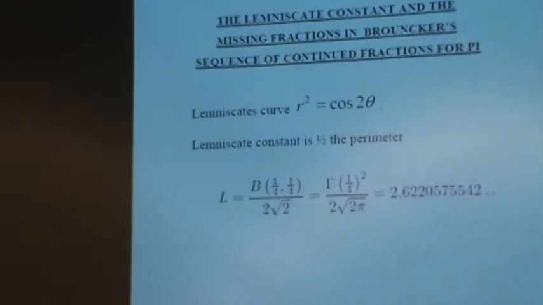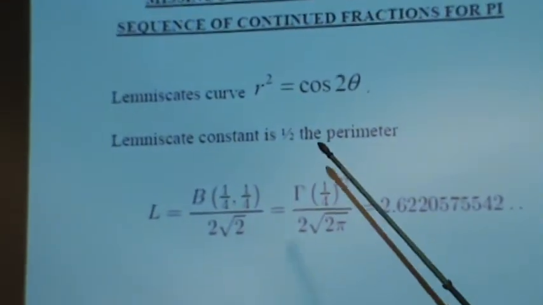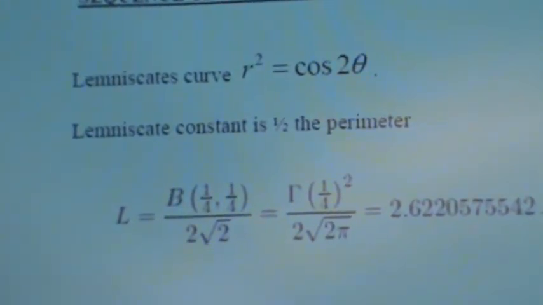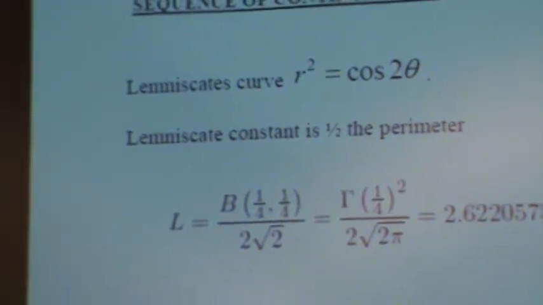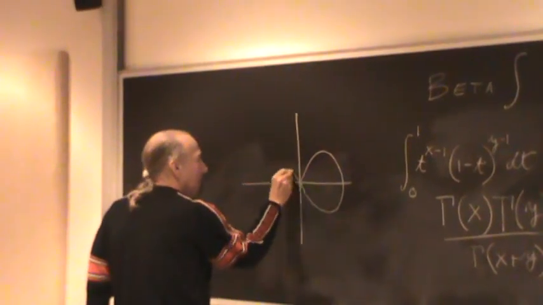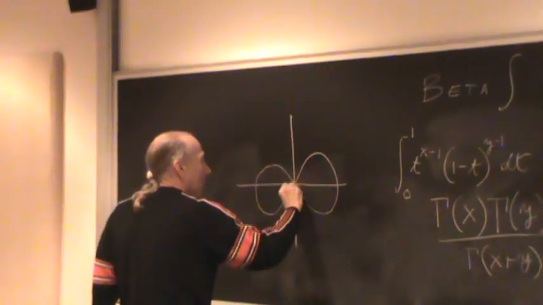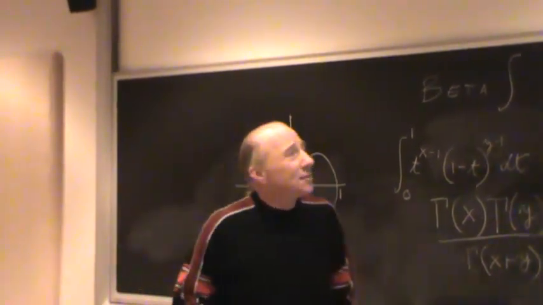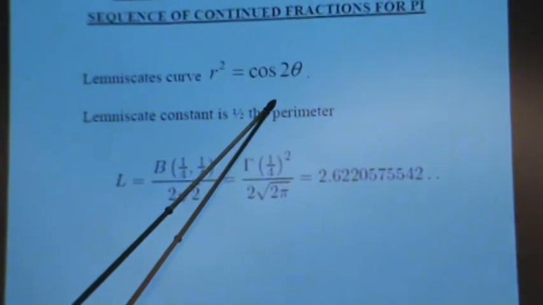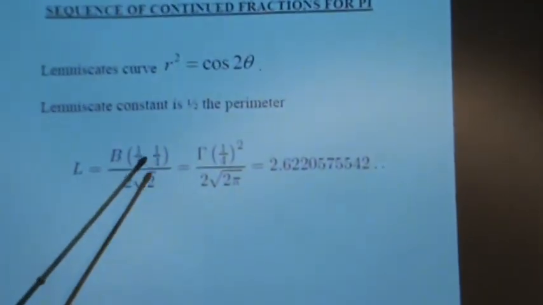What is the Lemniscate constant? The Lemniscate is a curve that looks like a figure 8. Okay, it looks like this. This is the 1. And this is its formula. R squared equals cosine 2 theta, polar coordinate formula.